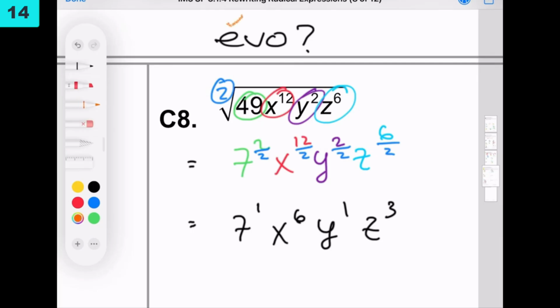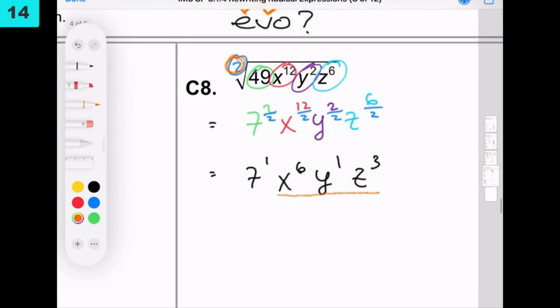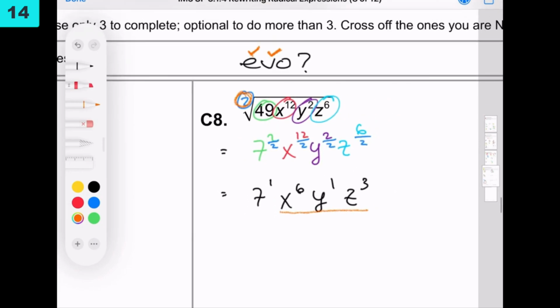Do we have an even root? Yes. Do we have variables? Okay, pay attention. The variables only apply here. 7 to the 1st power, even though it is an odd, it does have an even index or root, but it is not a variable. So 7 does not apply to the EVO. Okay, which one of these are now odds? These two.